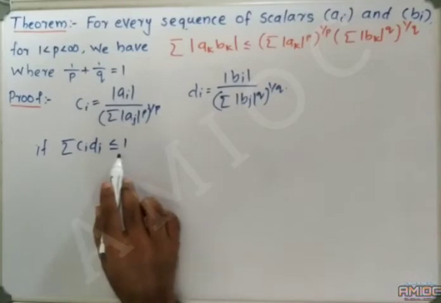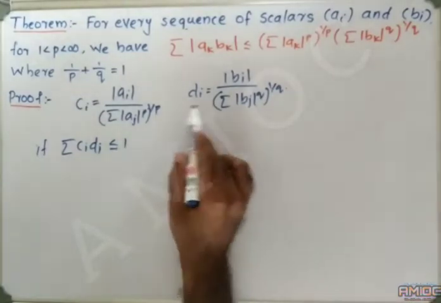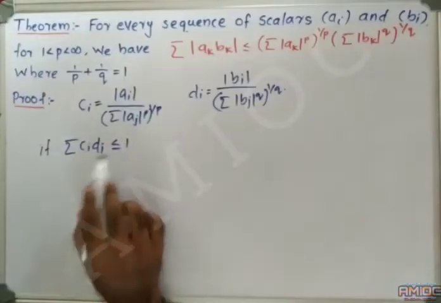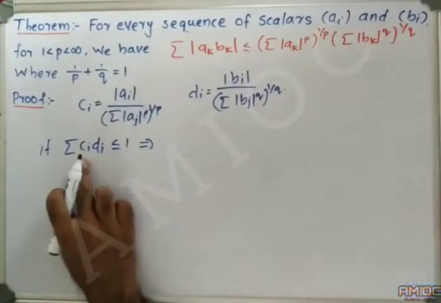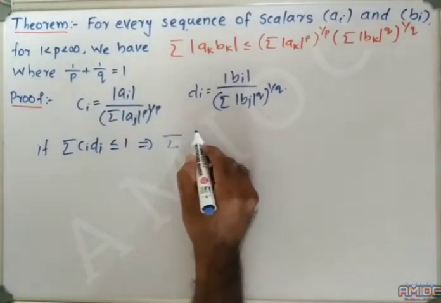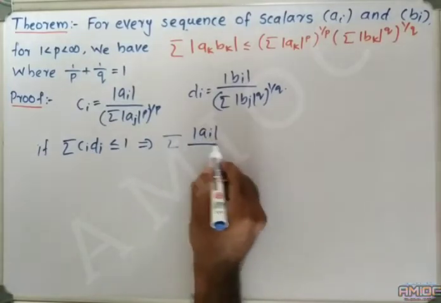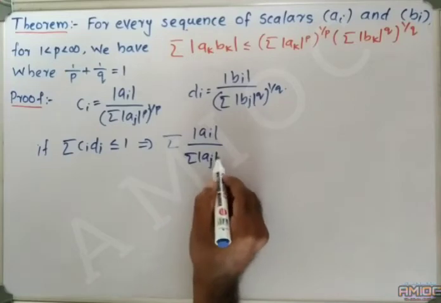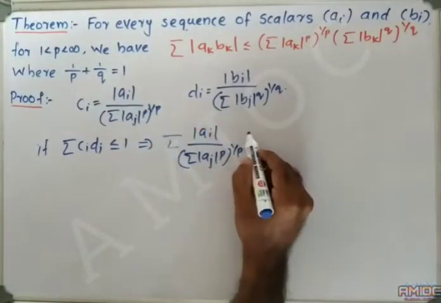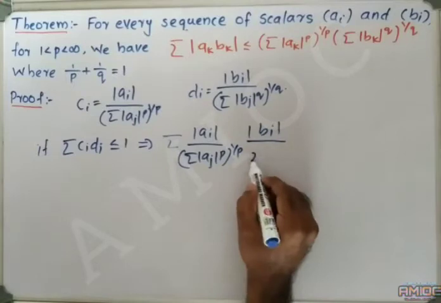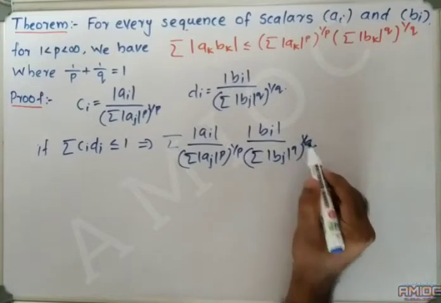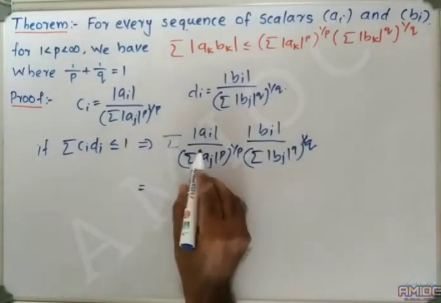Suppose this inequality holds, then what is c_i? c_i is this quantity, |a_i| divided by (summation |a_j|^p)^(1/p), and d_i is this quantity, |b_i| divided by (summation |b_j|^q)^(1/q).